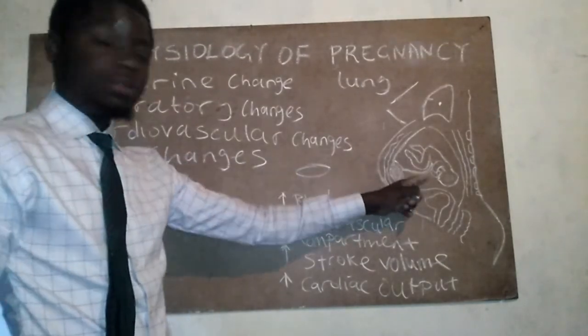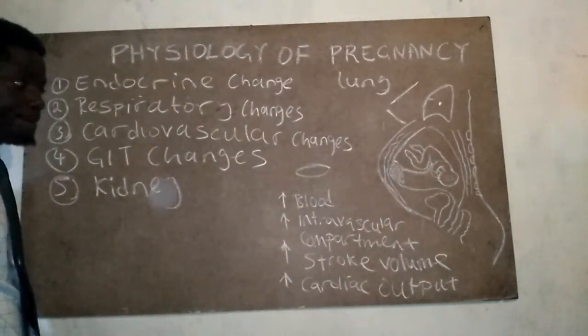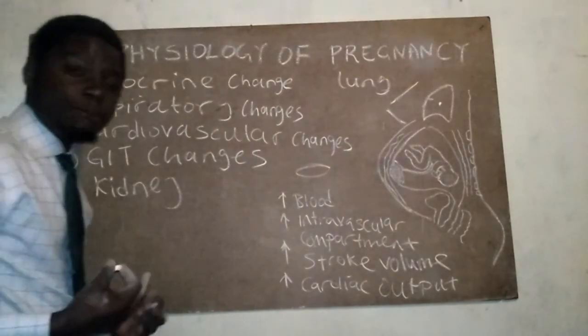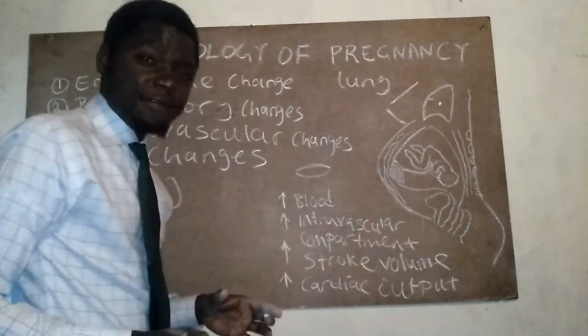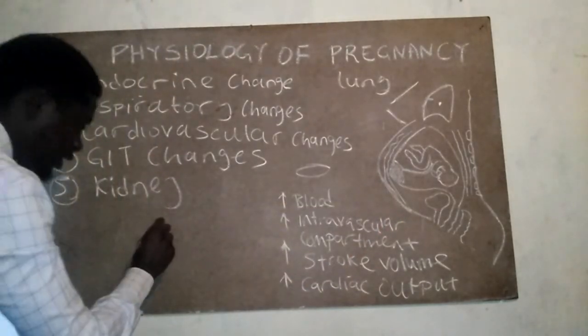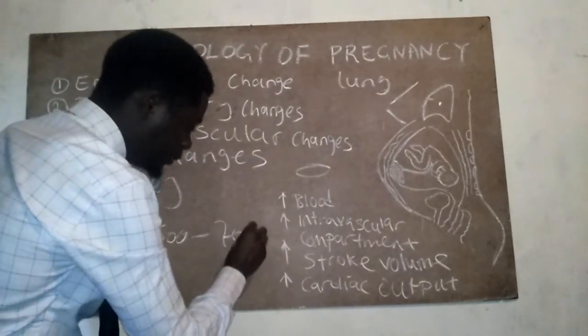The mother is supposed to support her own life and also the life of the growing fetus. So she's supposed to have an increase in blood supply, about 500 mLs to 700 mLs.